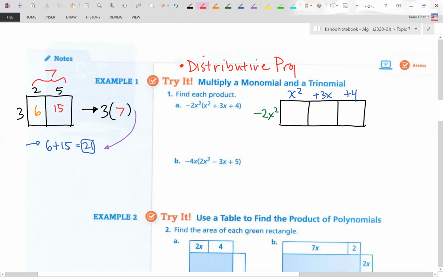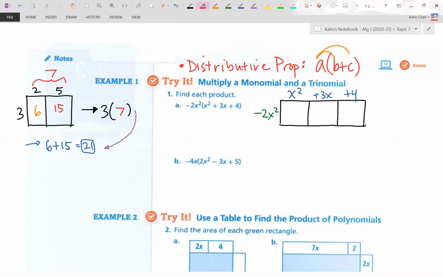And from way back when, the distributive property basically says if you have something times a polynomial, you're distributing it by multiplying that. So a times parentheses b plus c is simply ab plus ac. That is the distributive property.